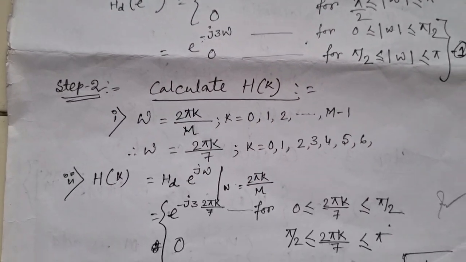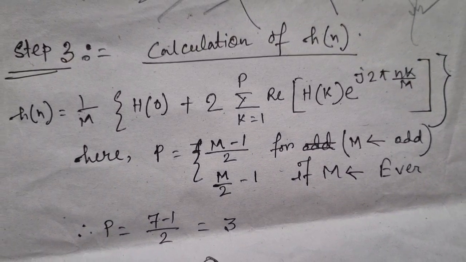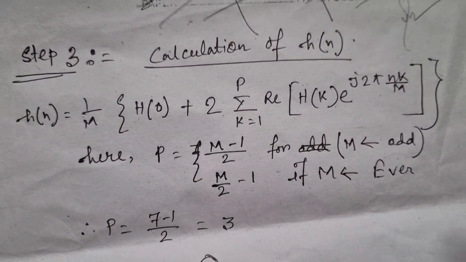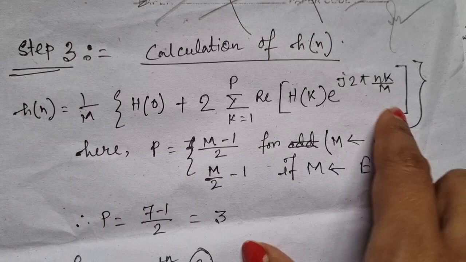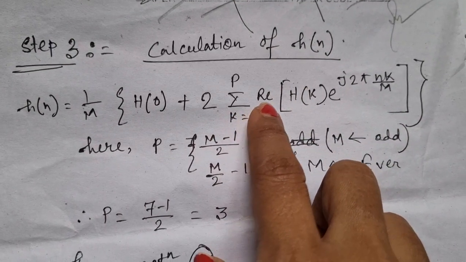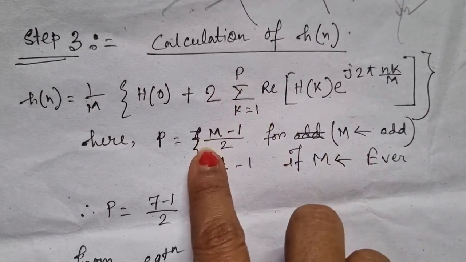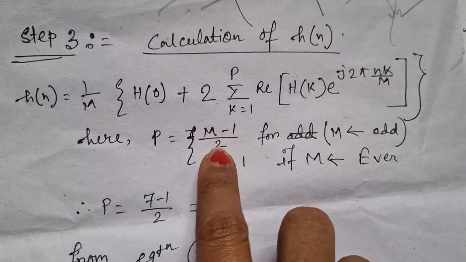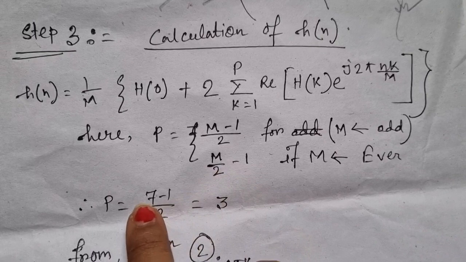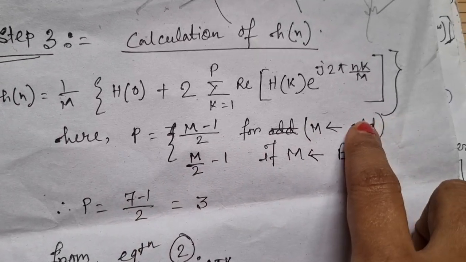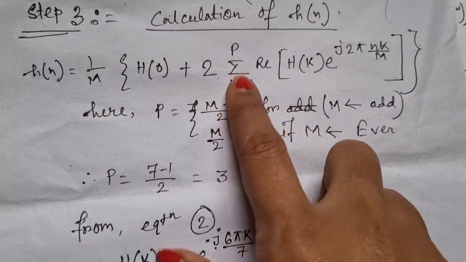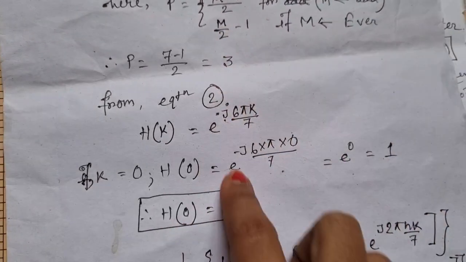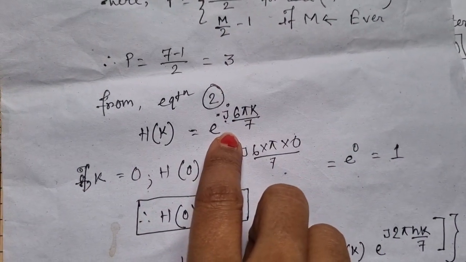Now come to the next step, the last step, that is calculating h of n. By using the formula, we should remember the value of p. Here the m value is 7, so 7 minus 1 by 2 is 3. Since m is odd, we just put the value of h of k.